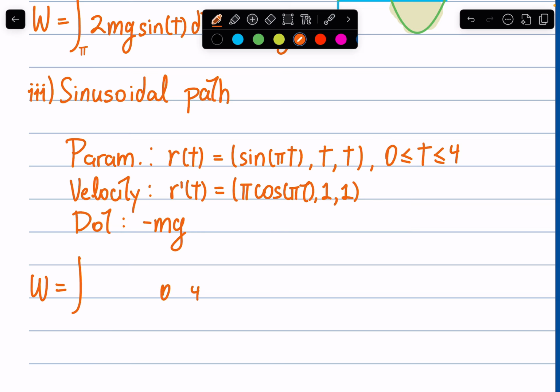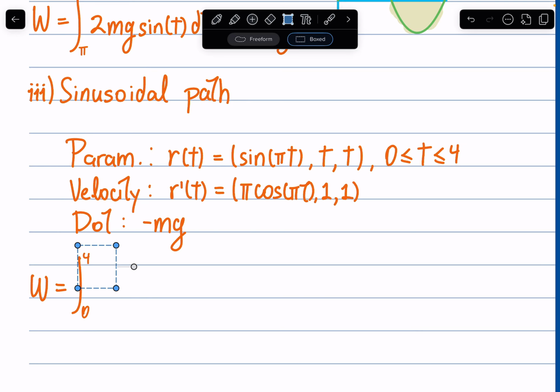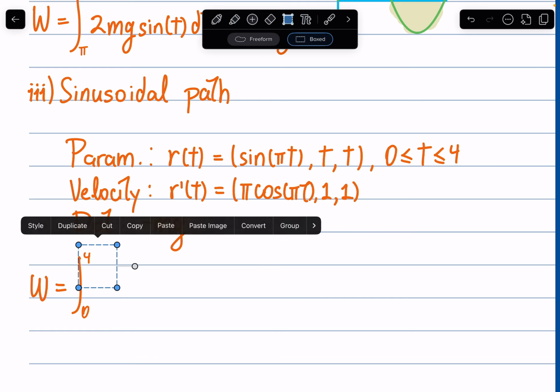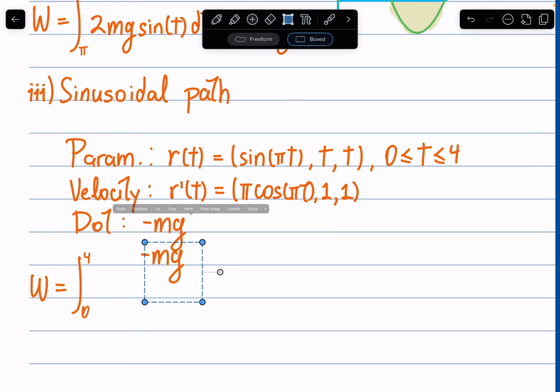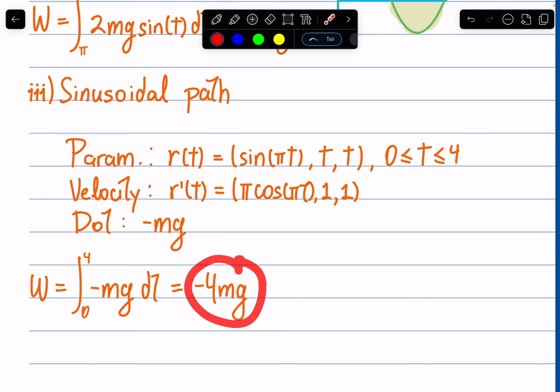This integral runs from 0 to 4 of the dot product dt. This is negative 4mg. Please observe that this quantity is once again the same.